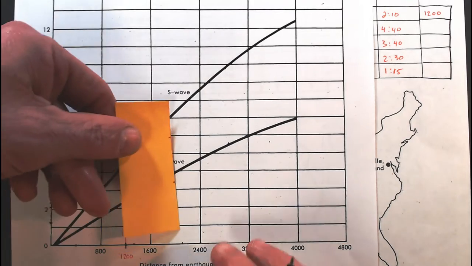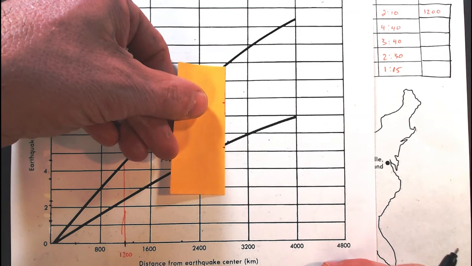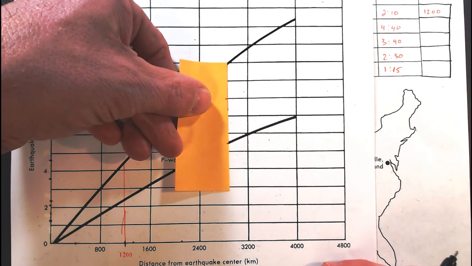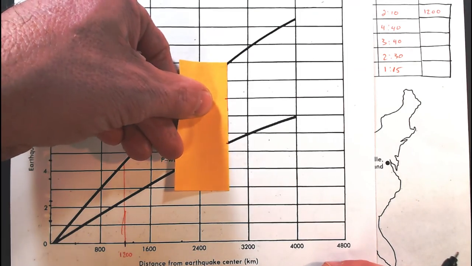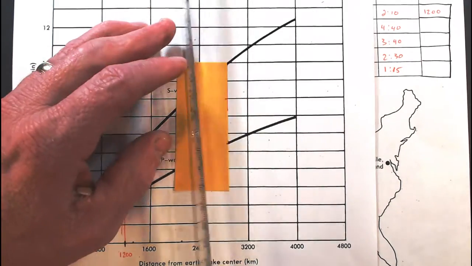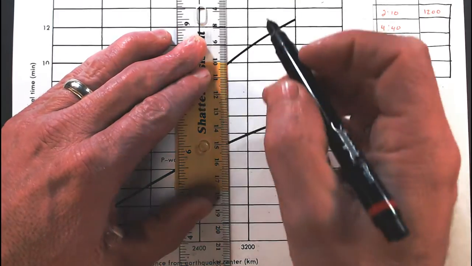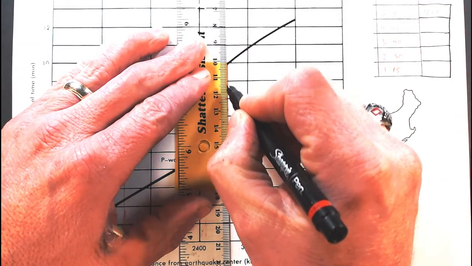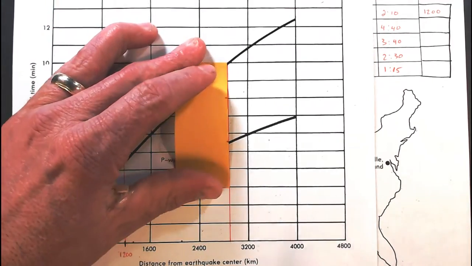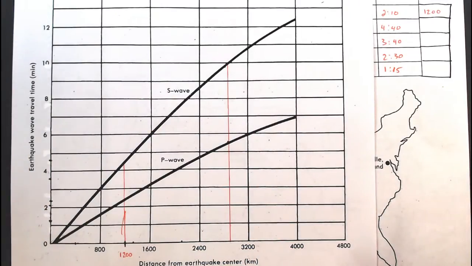Now what I'm looking for is a gap here that would meet both of these. About right there. Okay. I've got my ruler here. I'm going to just go ahead and put a mark down here. All the way down. Okay. And that should be what?